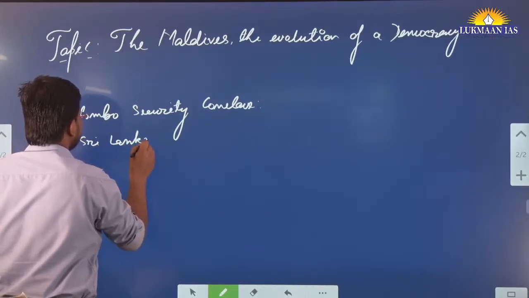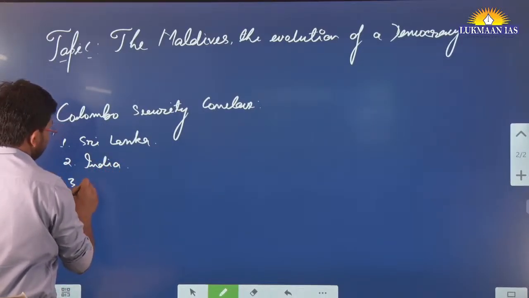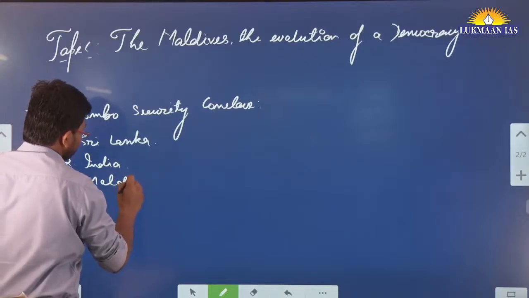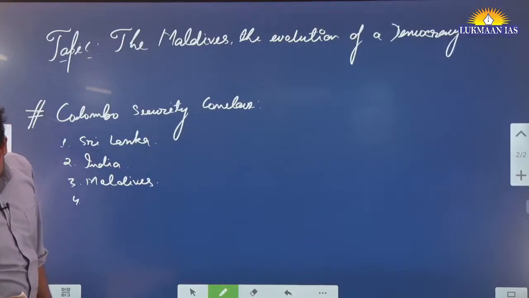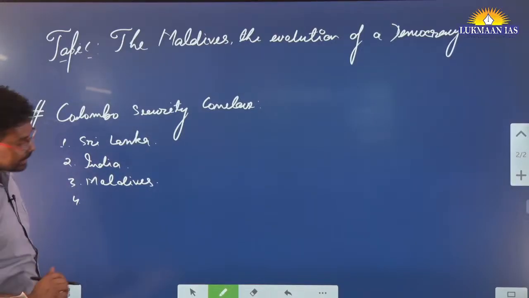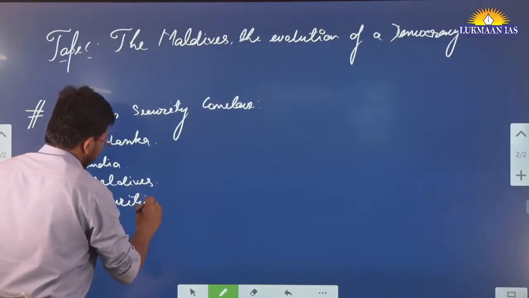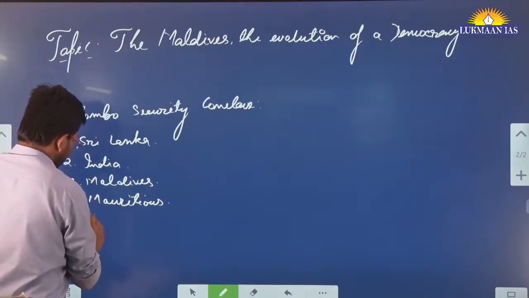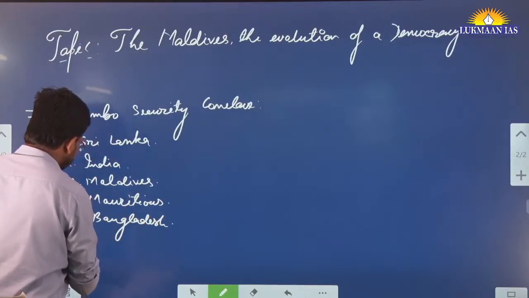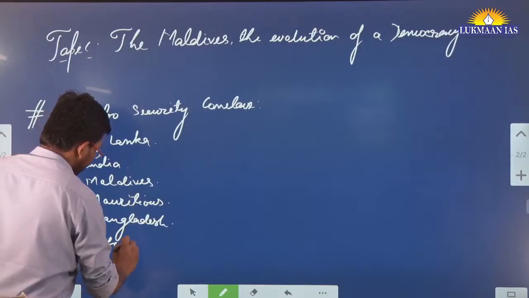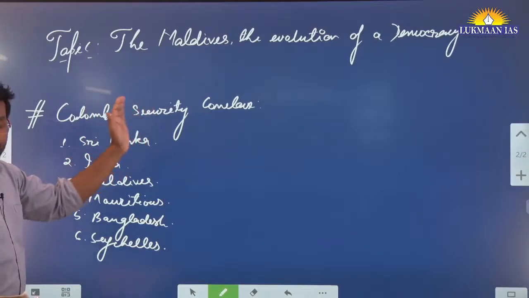One of the member countries is Sri Lanka, then India, then Maldives, Mauritius, Bangladesh and Seychelles. So these are the member countries of the Colombo Security Conclave.